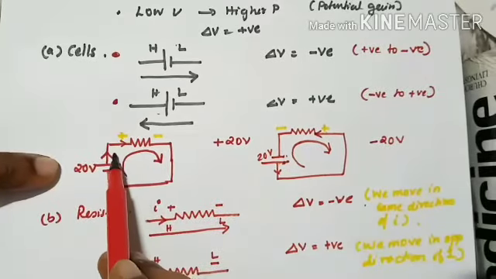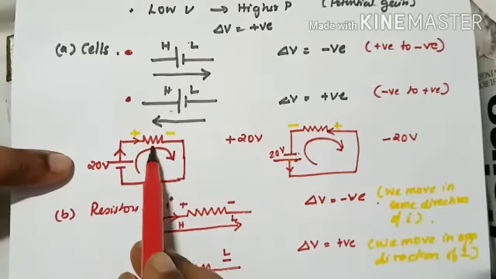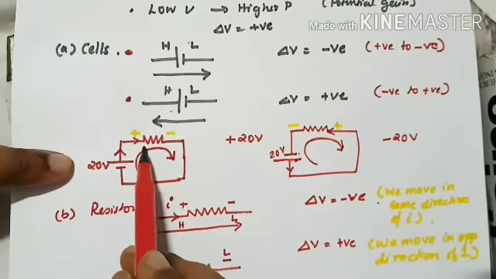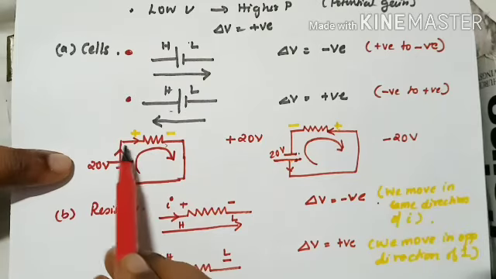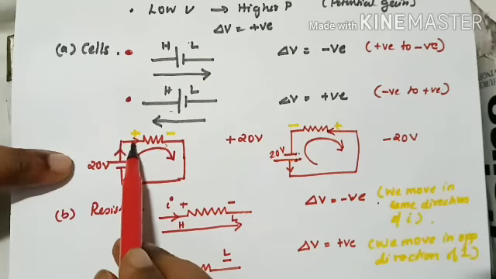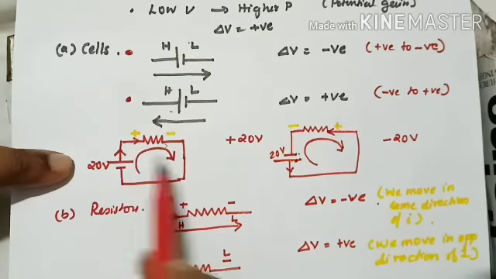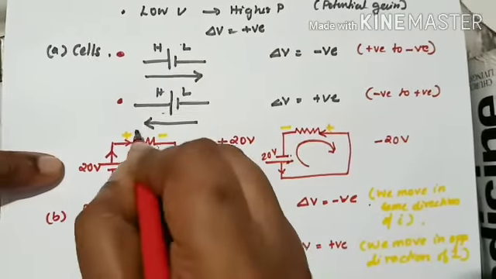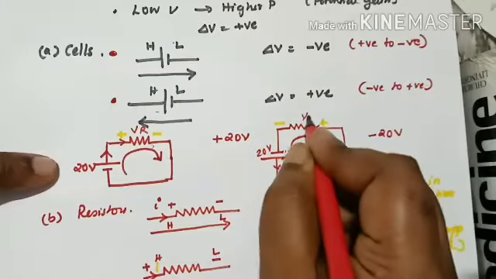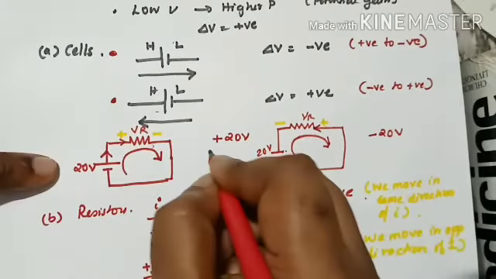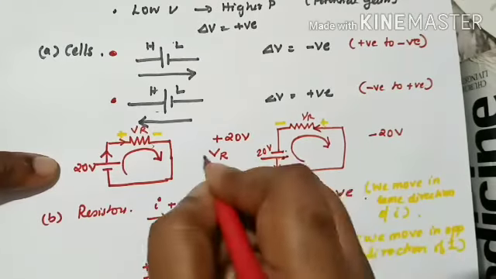Now I am moving from this side to this side, that means I am moving along the direction of current in the resistance. Suppose this is VR, the voltage of the resistance, I have to mark it as minus VR.